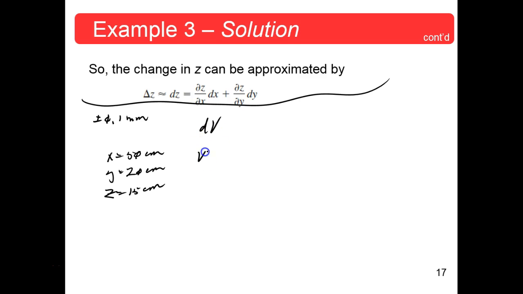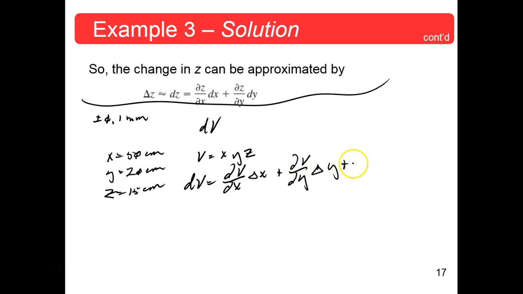Okay? So the volume of the box is length times width times height, x, y, z. The dV would be partial of v with respect to x, delta x, plus partial of v with respect to y, delta y, plus partial of v with respect to z, delta z. Okay? What's the partial of v with respect to x?